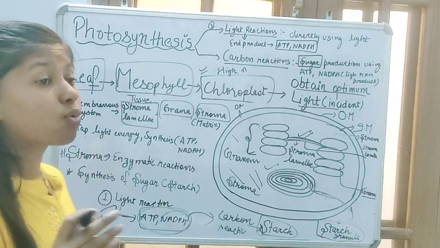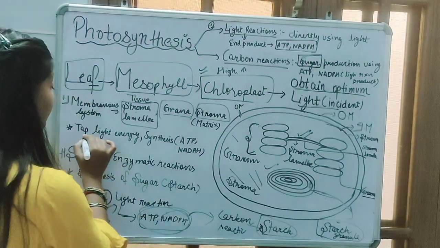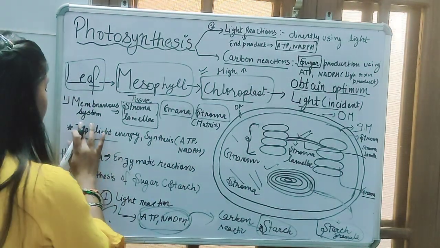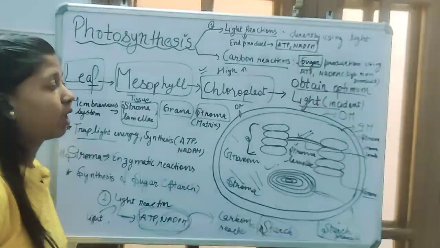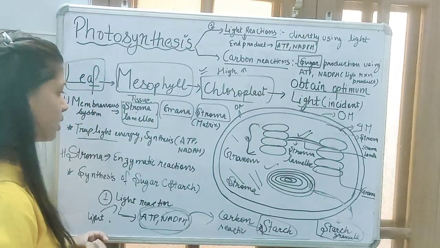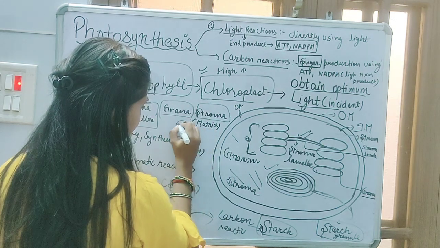Now, what is the role of this membrane structure? The role of the membrane structure is to trap the light energy. For example, here is sunlight, right?